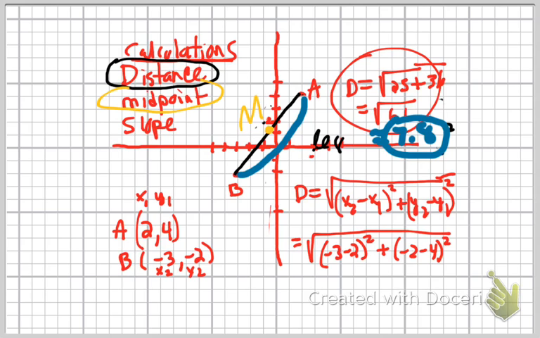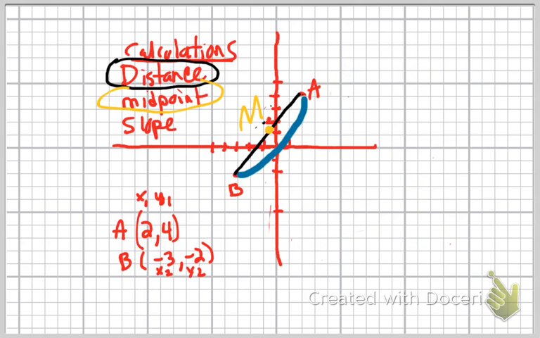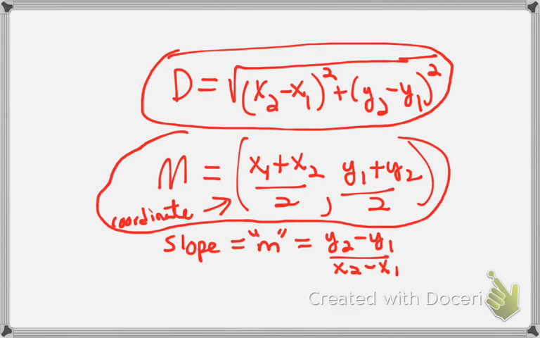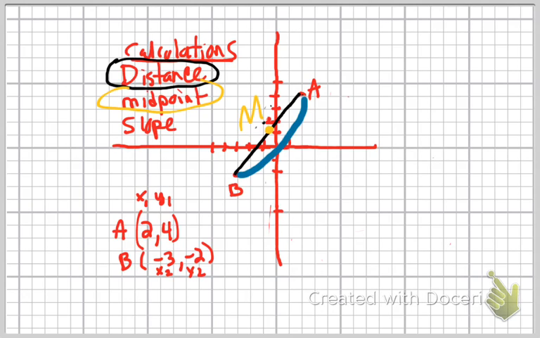So that's going to be our next calculation. Let me flip to my inventory page. Here is the formula for the coordinates of the midpoint of a line segment: (x1 plus x2) over 2, (y1 plus y2) over 2. Remember, that's giving you the coordinates of the midpoint. So let's try it. I'm going to record the formula.